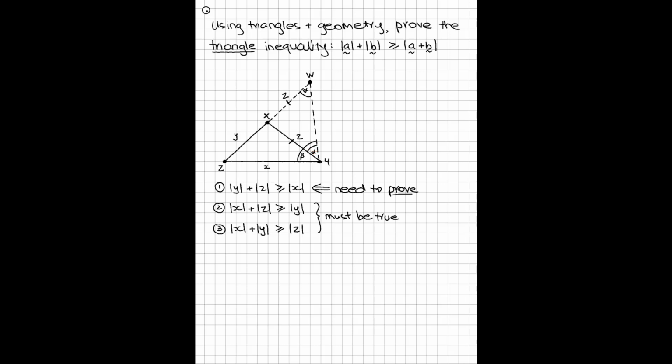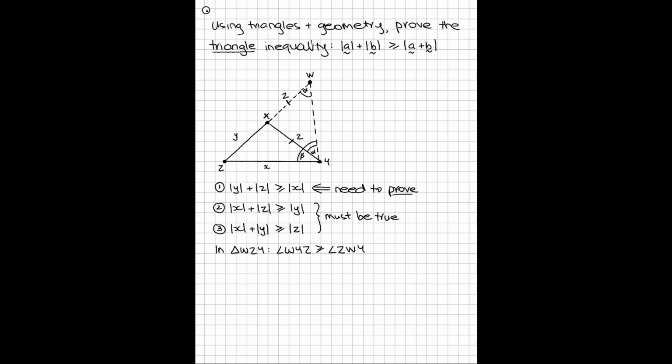So now that we've stated that and pointed that out, we can note that in triangle WZY, this big triangle, clearly we can see that angle WYZ, which I've called beta, is greater than or equal to angle ZWY.